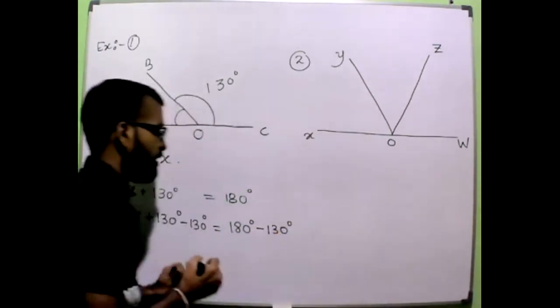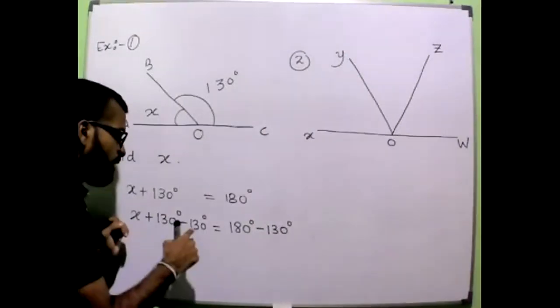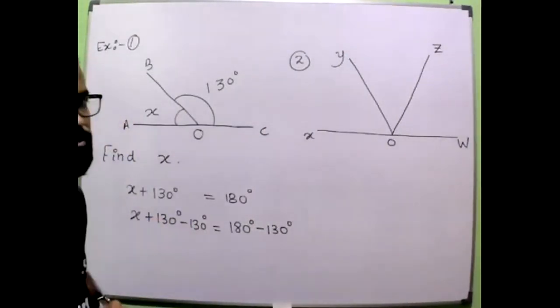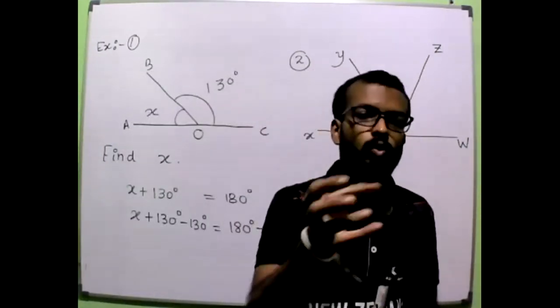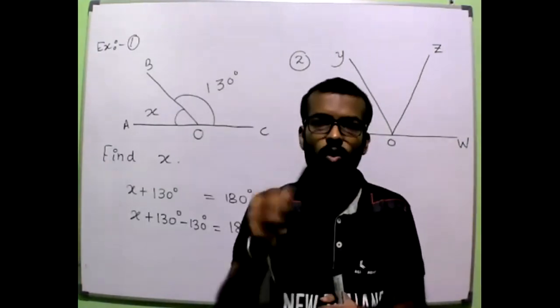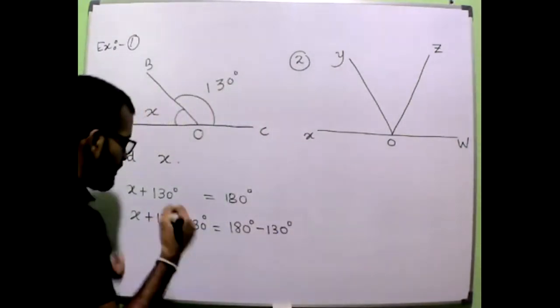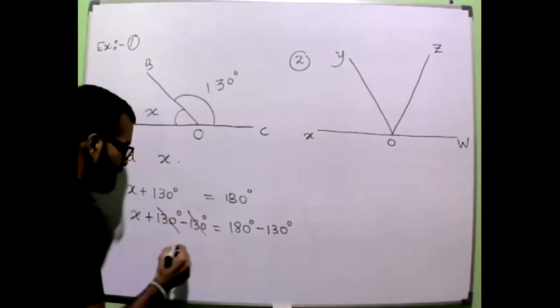Now 130 minus 130. That means I will give you an orange and I will take it from you. So now how many oranges do you have? No oranges, right? That means 0. You can cancel this out.